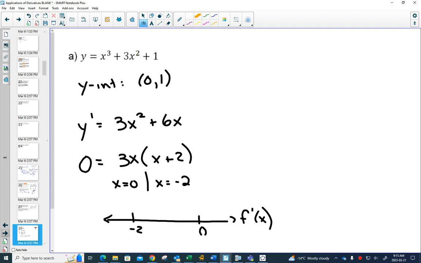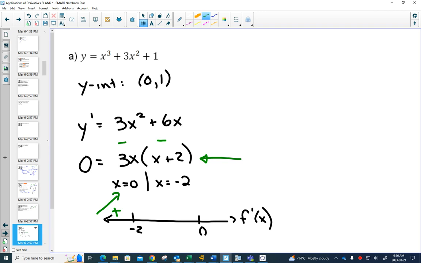So if I plug something into my derivative, and here again, I really like to plug things into the factored version because it really helps think about positives and negatives without having to do a lot of mental math. For example, something less than -2, -3. That will make this factor negative and this factor negative. Plugging in -3 makes both of those negatives. It's pretty easy then to see that that section, a negative times a negative, will be positive.